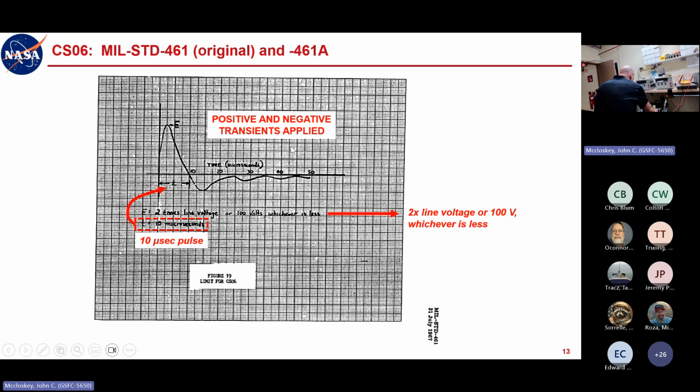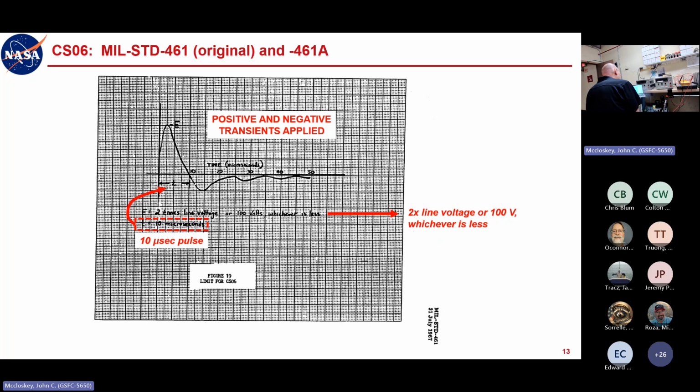When we get to the test equipment, you physically reverse the polarity of your connection to the generator, right? But you want to apply positive and negative transients, as we've discussed. And then the default here that you can barely read, which is why I rewrote it, is 2 times the line voltage or 100 volts, whichever is less.